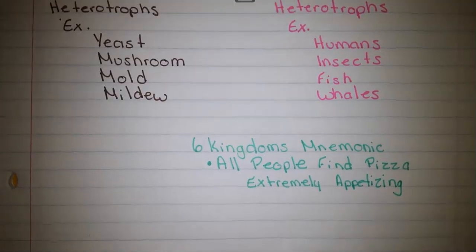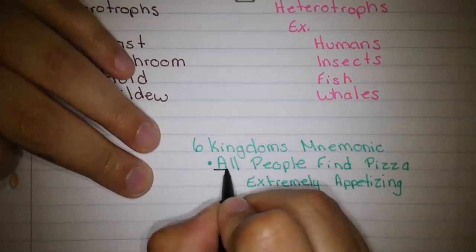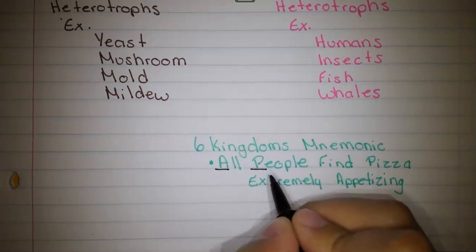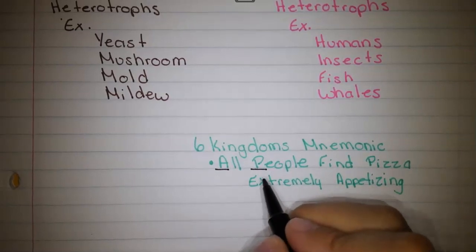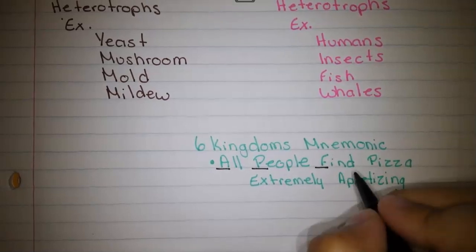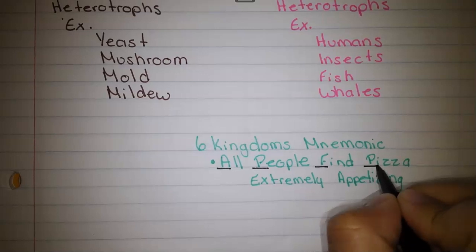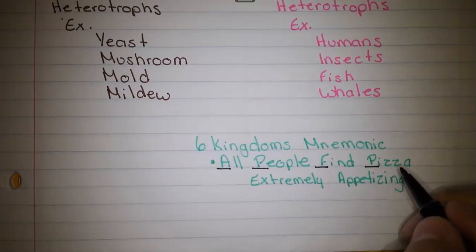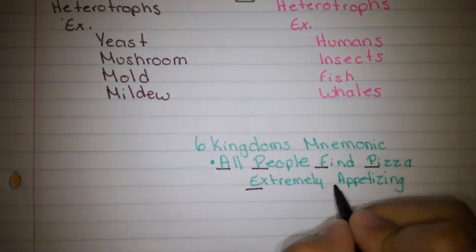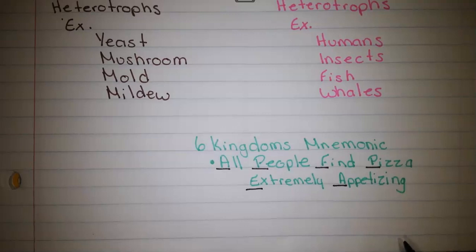I'm going to underline them in black. All, which would be archaebacteria. People, which could be Plantae or Protist. Find, which is going to be fungi. Pizza, which is Plantae. Extremely, eubacteria. Appetizing, Animalia. Okay, all people find pizza extremely appetizing.